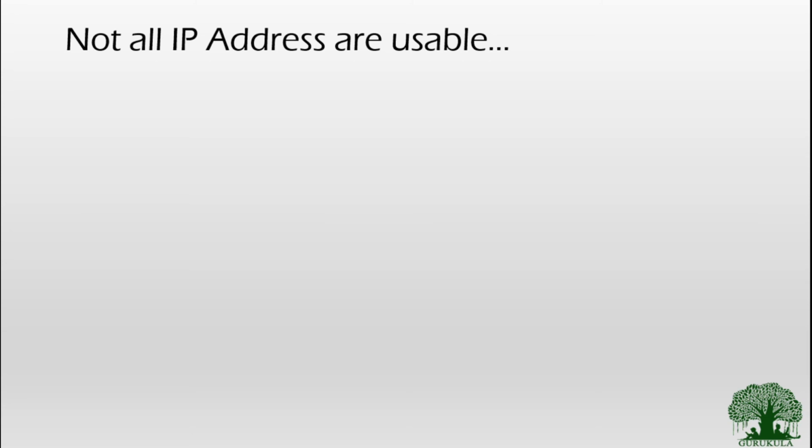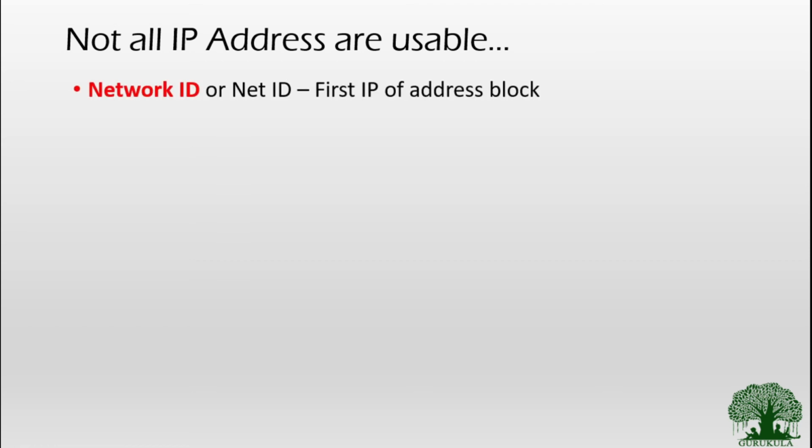Also, not all the IP addresses in the block are usable IP addresses. When we talk about usable IP addresses, the very first address of the address block is given for the network ID that represents the network, and the last IP address of the block represents the broadcast address.